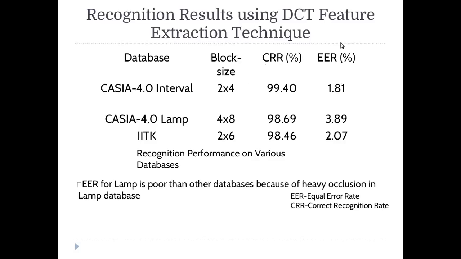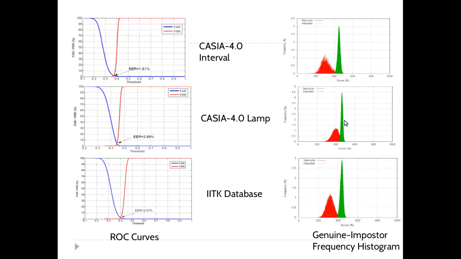These are the CRR and the EER of the first feature extraction technique, the DCT. The CRR is 99, 98 and 98, and the equal error rate is 1.81 for the interval. LAMP is a very difficult database, having a huge amount of variation, so a higher equal error rate is seen there.